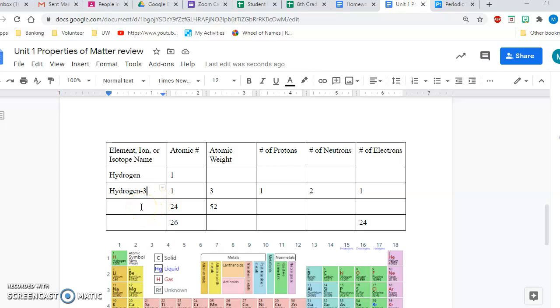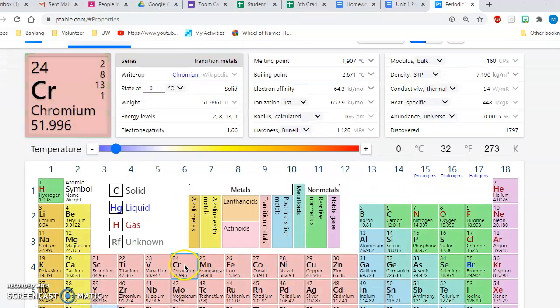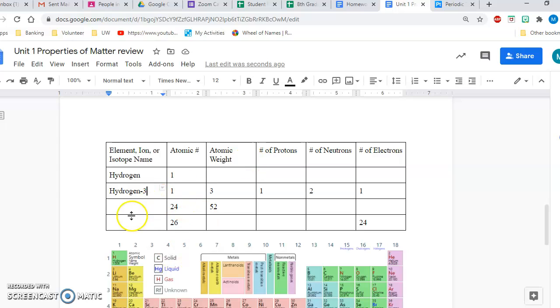Let's look at another good example. We have 24. So 24 is chromium. It's usually at 52 as a mass. So this was chromium. I think it was Cr. 52, so 24 protons because it's the same as the atomic number.